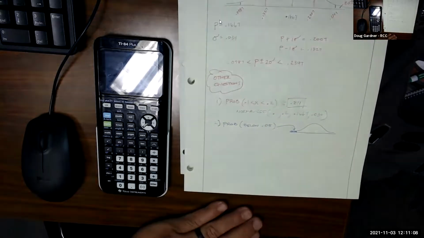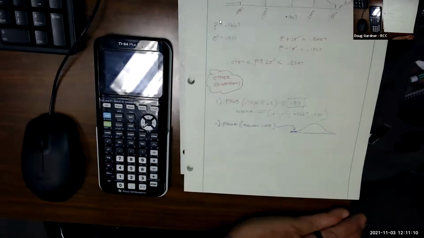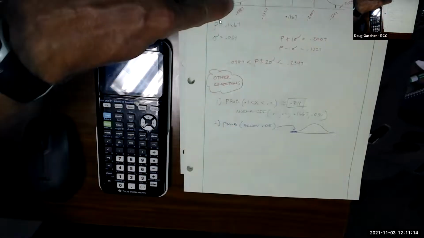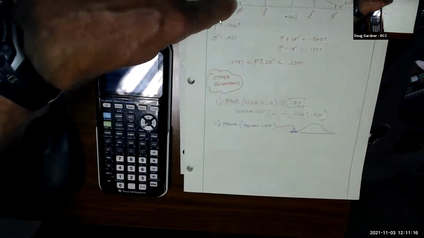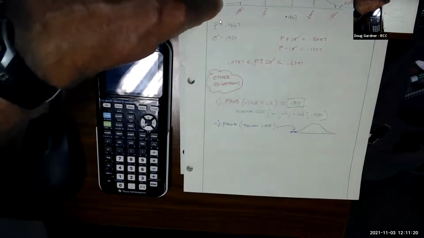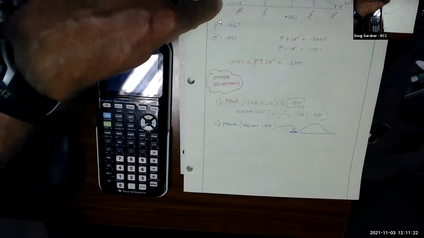We're talking about that teeny little amount over there. We're going to get a really tiny answer for this. Notice from the empirical rule, below 0.0987 is 2.5%. And we're less than that, right?